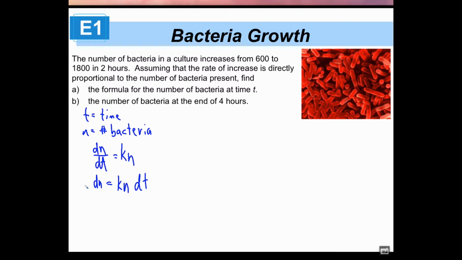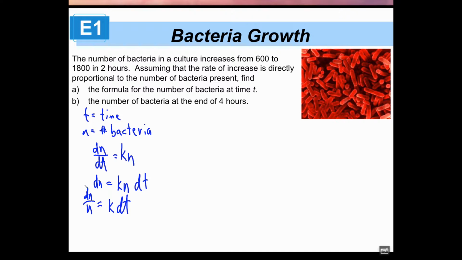Yeah, you have to get rid of them. Wrong derivatives on the wrong side. Right, I got N's over here with the dt's. I got the dN over here all by its lonesome, so I'm going to move the N over here and get dN over N is equal to k dt.